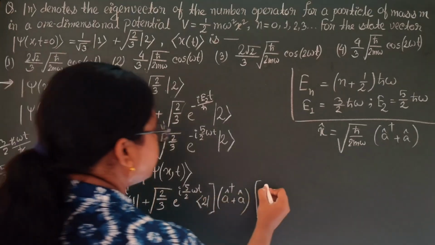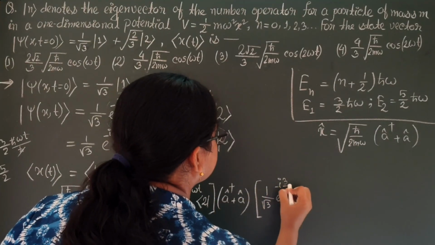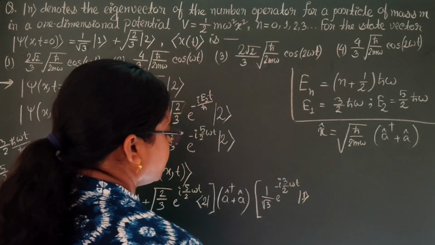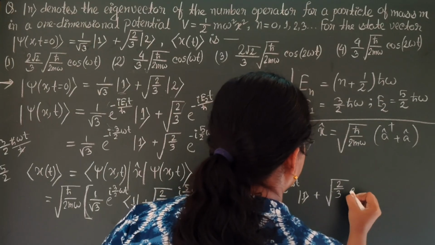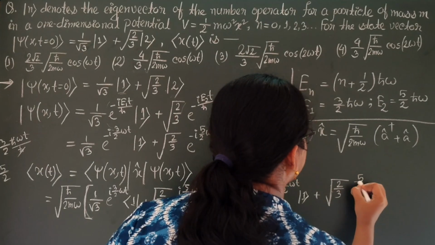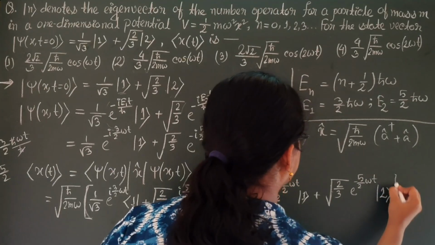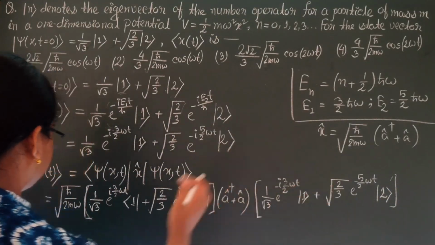This is psi, so it will be 1 by root 3 e to the power minus i 3 by 2 omega t ket 1 plus root under 2 by 3 e to the power minus i 5 by 2 omega t ket 2. Okay. Now we have to operate this operator on these two terms.